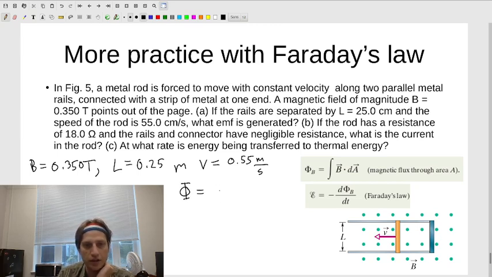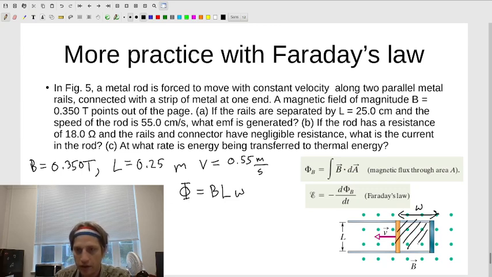The flux here is going to be the magnetic field times the area. So it's going to be times that L, which is not changing, times this width, which is changing. So the area that we're talking about is that area, and we're thinking about the voltage around this loop.